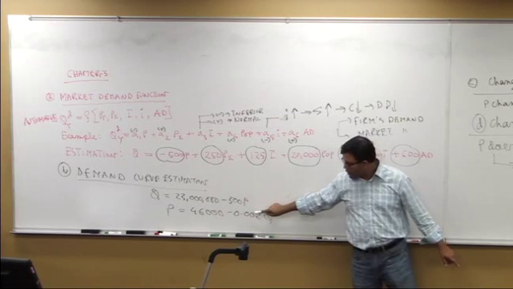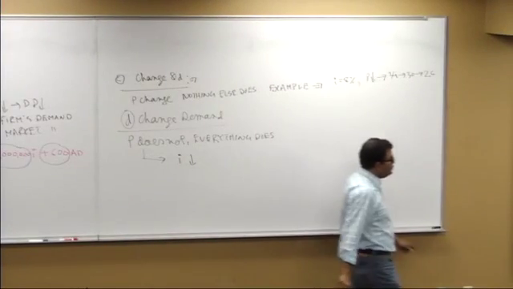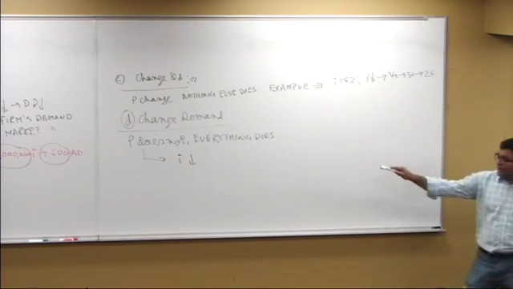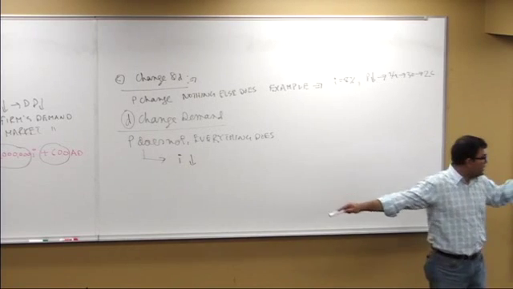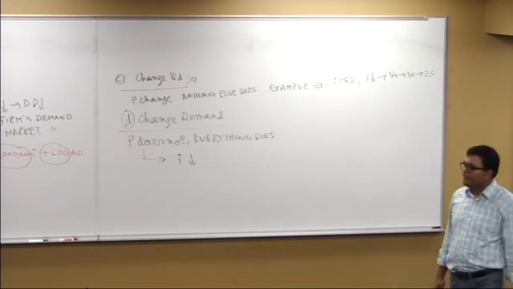Just substitute 34,000 here. It will show you that the quantity demanded at that price is 6 cars. When the price goes down to $30,000, you can use the same equation and show the calculation that the quantity demanded is going to be 8. And when the price is $26,000, you can also show that the quantity demanded is going to be 10. Okay?